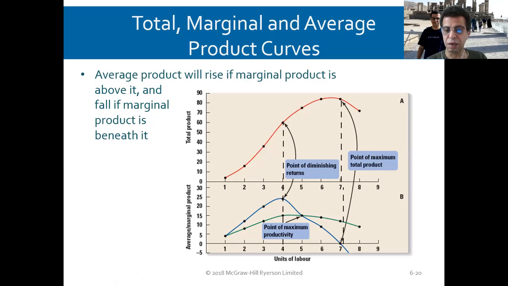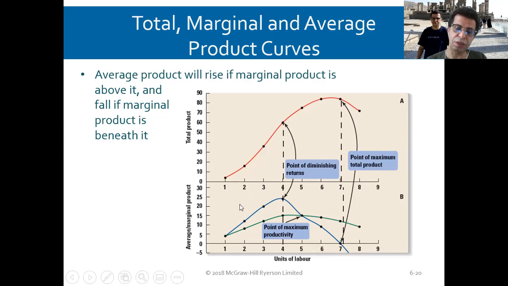At the maximum point, it starts declining when it goes under the seven here, because you have more labor than you need. It is the point of maximum total production, but once it goes below zero here, you will have a decline.